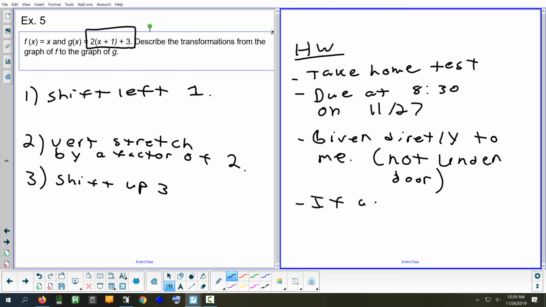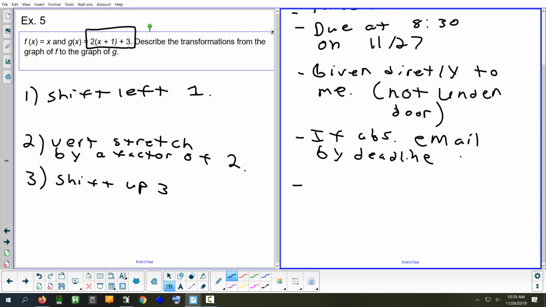If absent, what you can do is email. If you're absent, email by deadline, okay? If it's not turned in by 8:30, if not in by deadline, it's a 0.